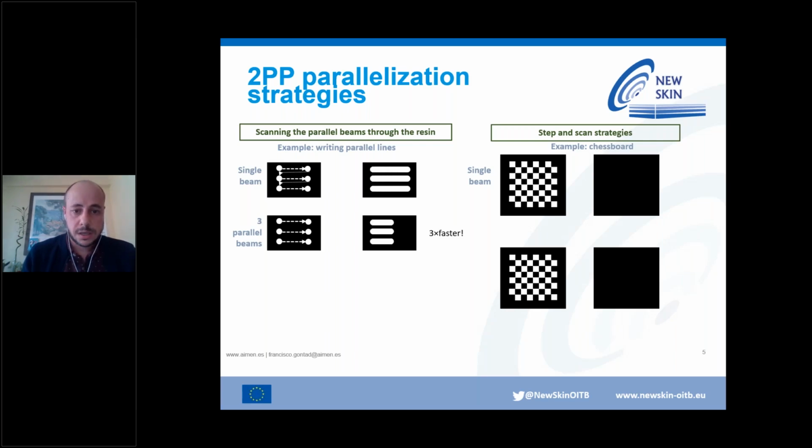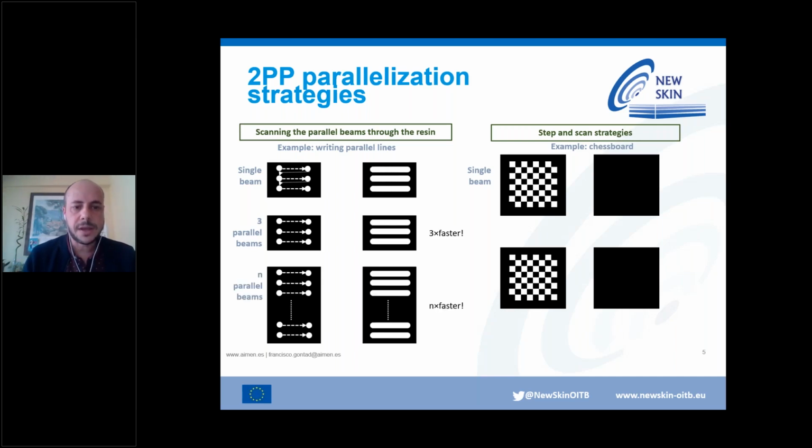However, if you have a DOE with 3 parallel arrays, you can scan it and you will be fabricating parallel lines 3 times faster. It's easy to see that if you have n parallel arrays, you can fabricate n times faster.